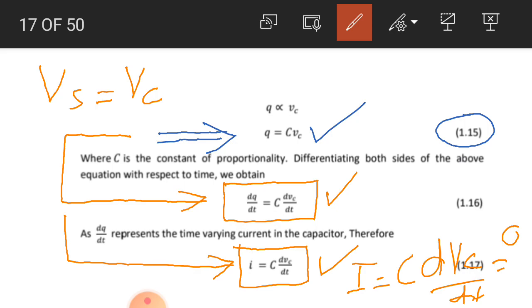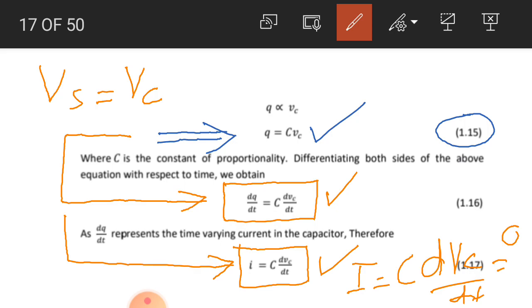And if you want to block the DC component of the signal, then you will have to use a capacitor to block the DC component of the signal, the DC component of the current, the DC component of the voltage. So anyhow, just keep it in your mind that the capacitor blocks the DC current. It does not allow the DC current at all.